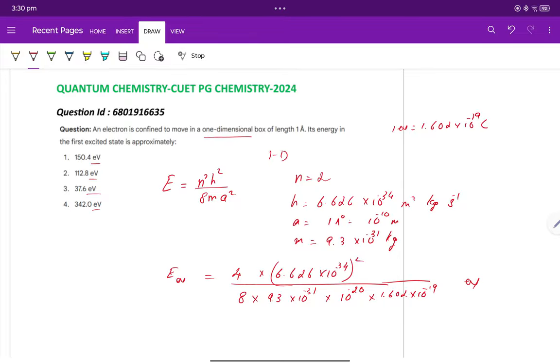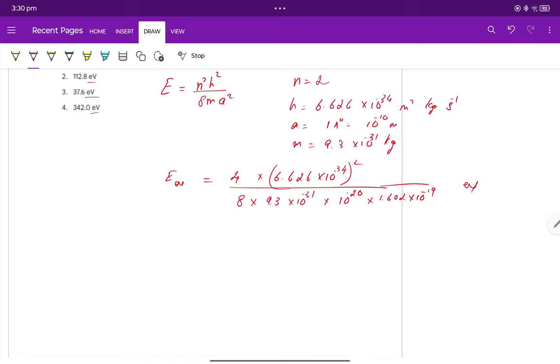As you know, in the CUET examination, calculator is not allowed, so you have to do it by yourself. The easiest way which I used to advise students is, first you write all the exponential part in a separate manner.